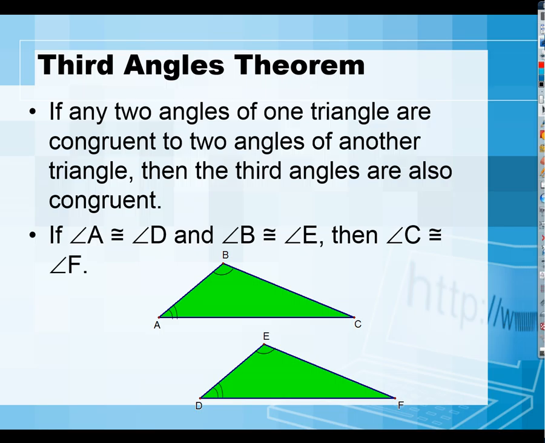And by the triangle sum theorem, that's equal to the measure of angle C and the measure of angle F respectively, right? So we just proved it, didn't we? Proved that they have to be congruent then by definition of congruent angles.